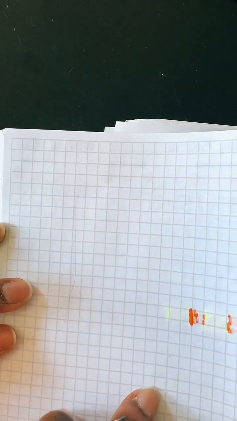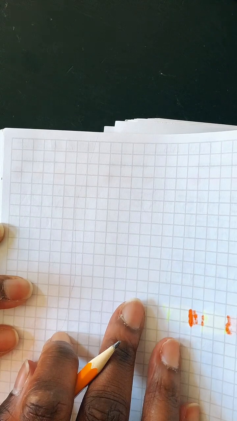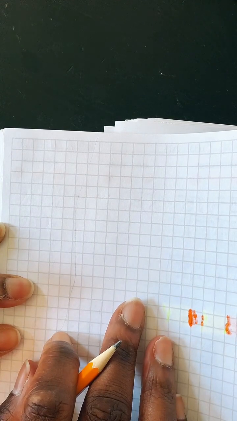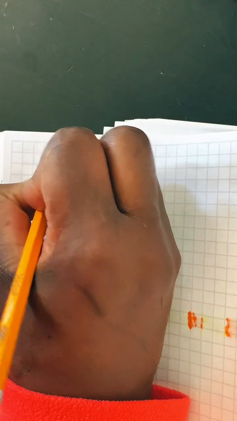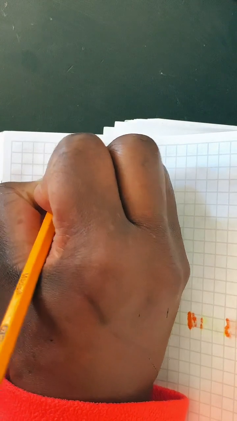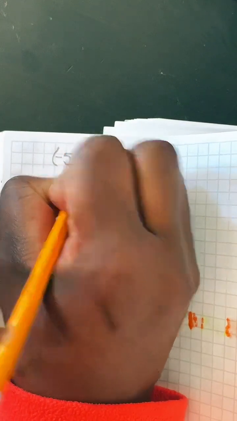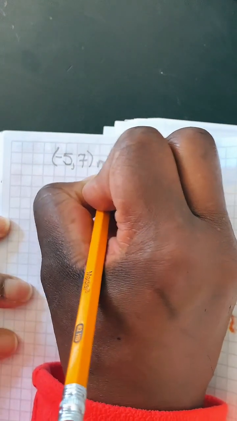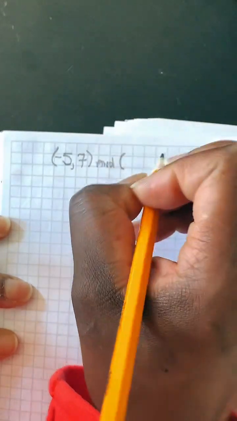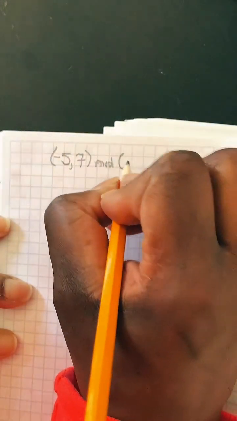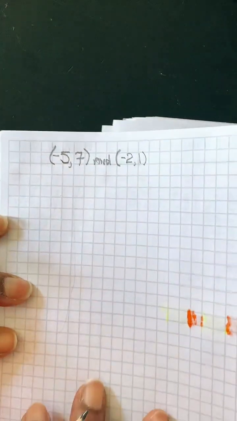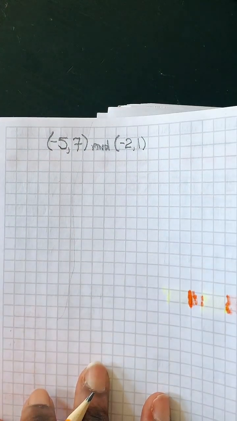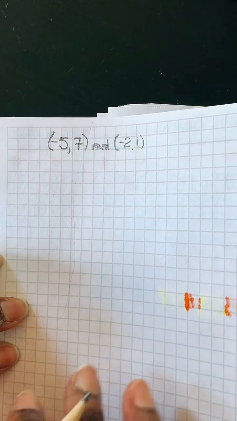So we're trying to do our best. Okay, we have, let's say, (-5, 7) and (-2, 1). So we are trying to find the equation of the line.